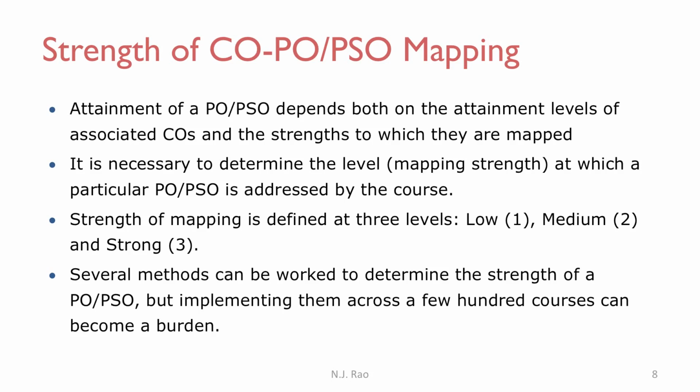As we said, the mapping strength is defined at 3 levels, low, medium, strong, or 1, 2, 3, and this is where there exist any number of methods to determine the strength of a PO or PSO. If you do not provide any method, it is sometimes intuitive or even arbitrary, where I just merely say I address a PO to the strength of 3 or 2.